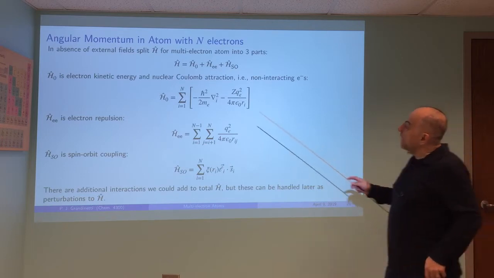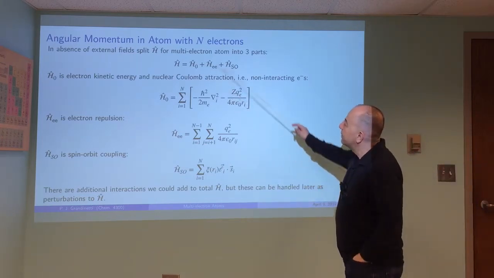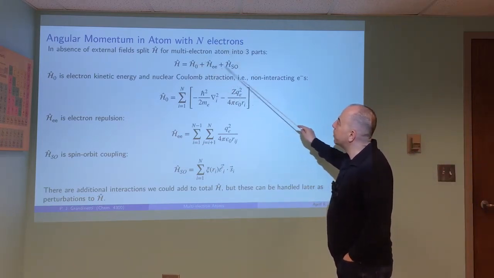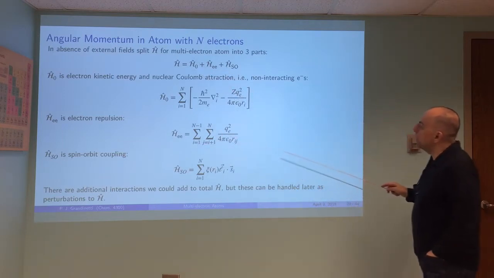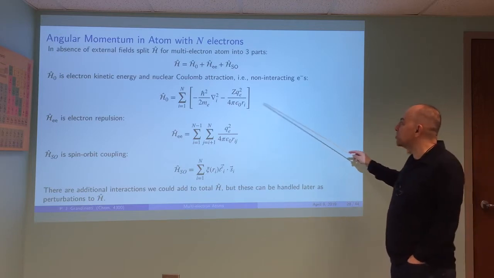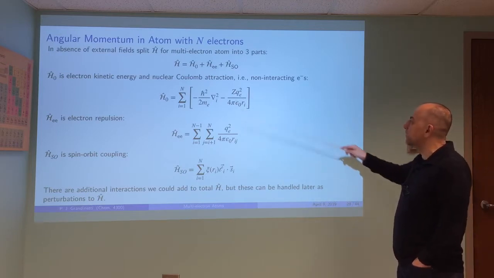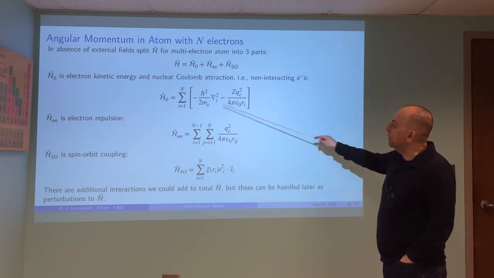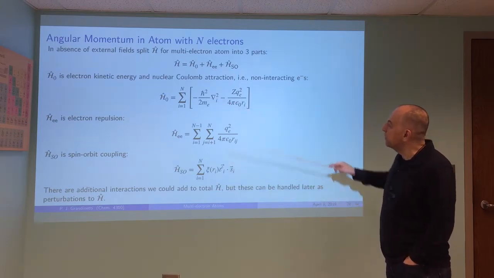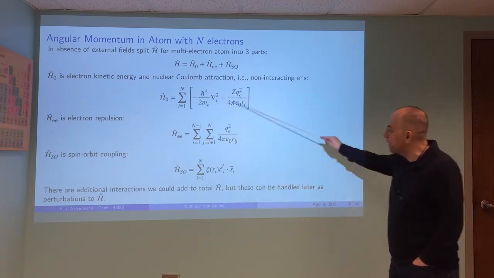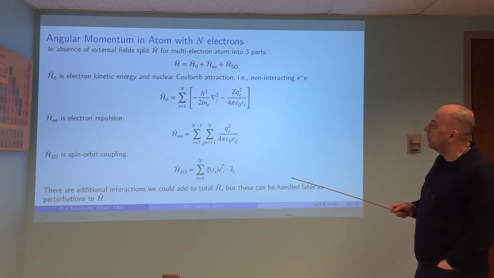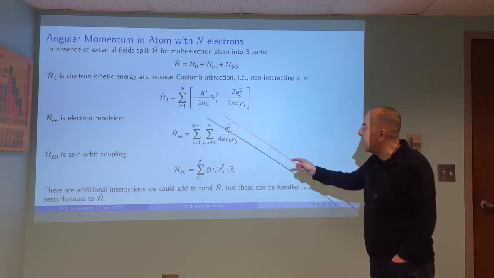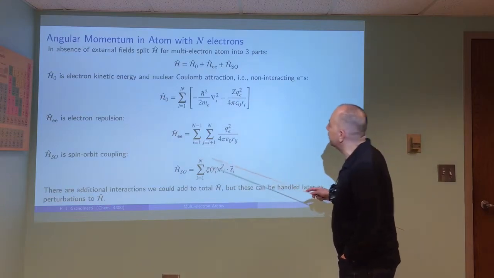If I write my Hamiltonian in terms of three terms, let's take H naught as the Hamiltonian if I had just non-interacting electrons and ignored all the other interactions. Then it would just be the attractive force to the nucleus and the kinetic energy for each electron. There are n electrons, and we sum over all of them.